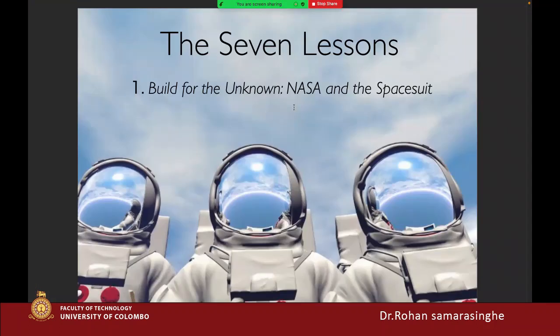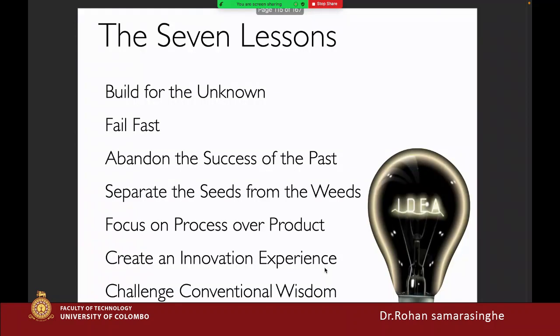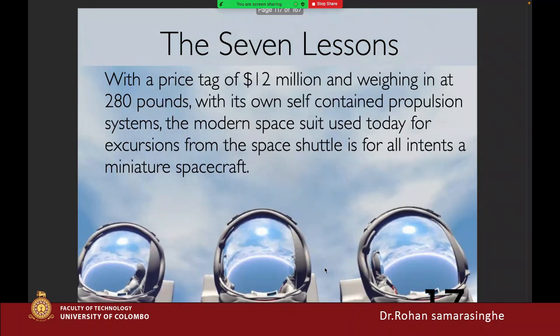One is build for the unknown. For example, NASA and the space suit. Consider the space suits NASA needs, with a price tag of 12 million US dollars and weighing 280 pounds.